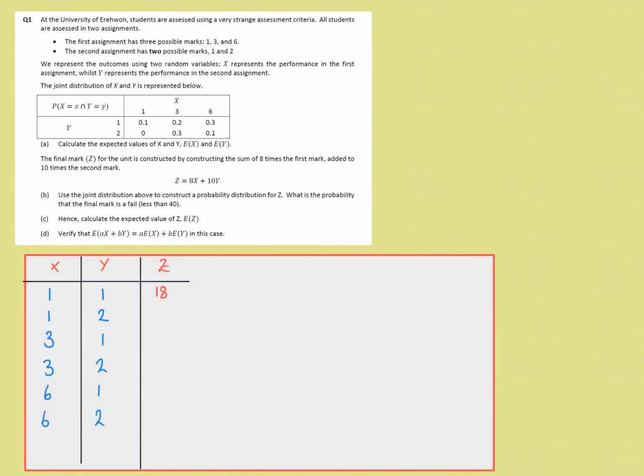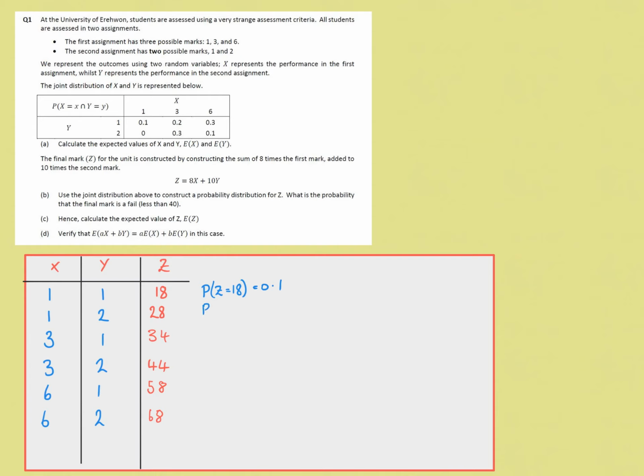Similarly, when x is equal to 1 and y is equal to 2, we get a score of 28, and so on. From this, we can also write down the probabilities of each of the outcomes of z, because z taking the value 18 only occurs when x is equal to 1 and y is equal to 1. So we know that the probability that z is equal to 18 is the same as the probability that x is equal to 1 and y is equal to 1, which is 0.1.